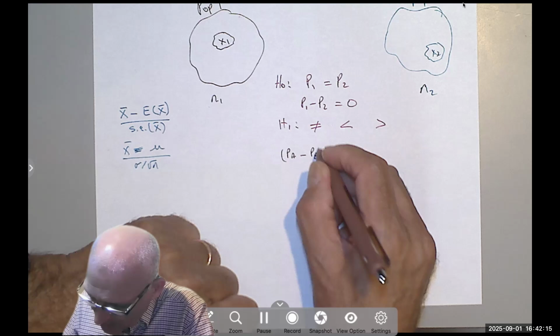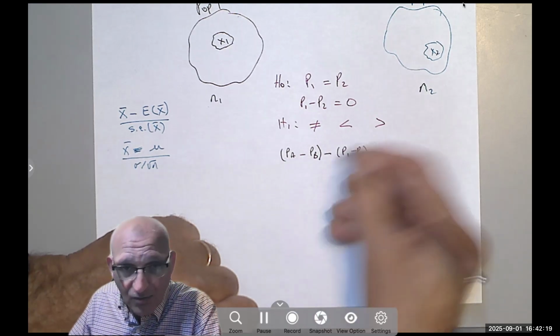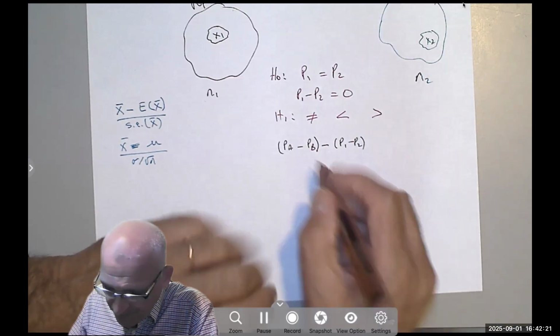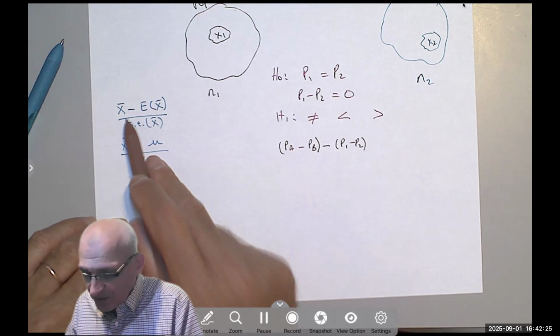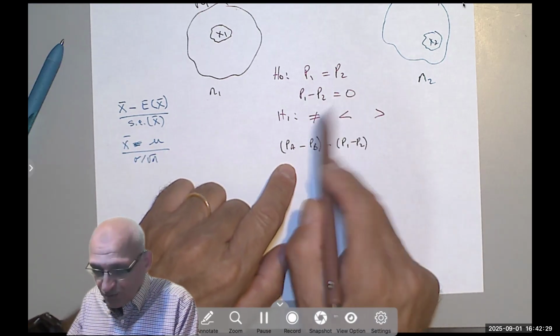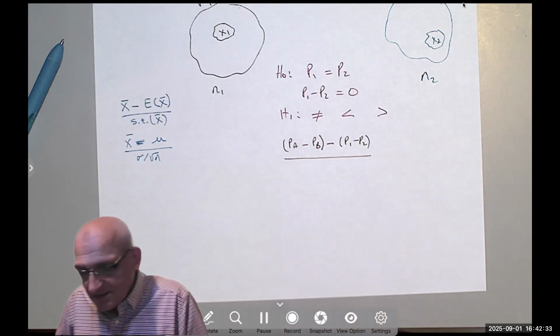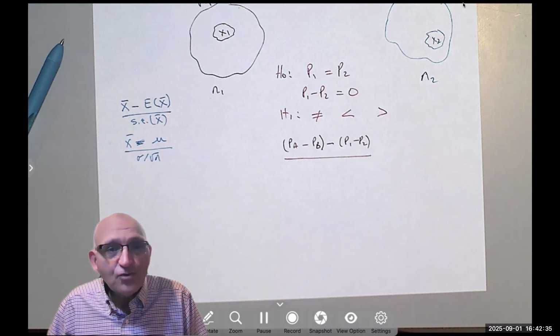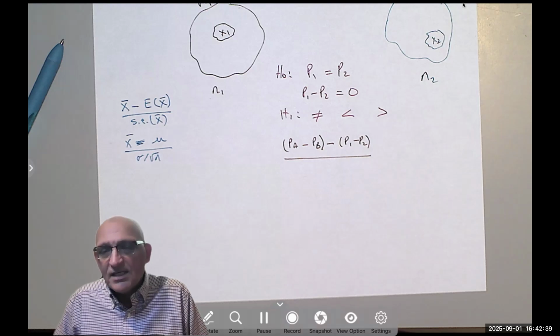And I want to subtract from that p1 minus p2, which is 0, so I will ignore that later. But I have to subtract the estimator of P1 minus P2. And then I divide by the standard error, which is sigma over root n, but I have two n's. So how can I calculate the sigma?